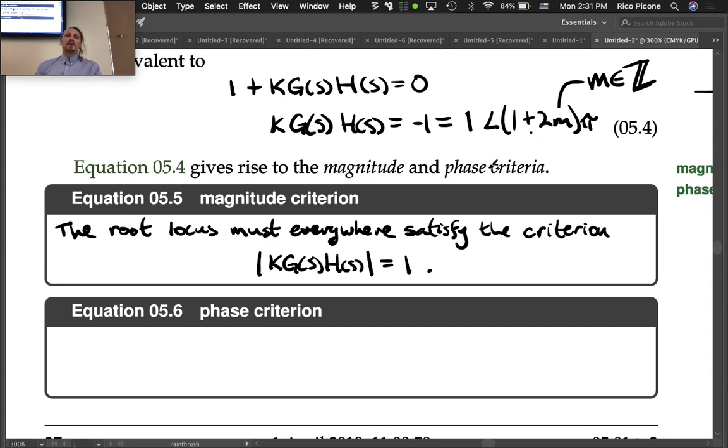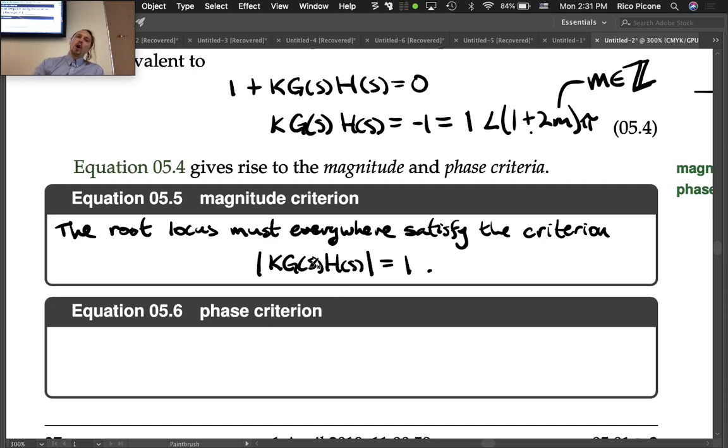For the root locus to everywhere satisfy the criterion means that wherever in the complex plane there is a closed loop pole, this must be true. So that's important. And notice what we have here.